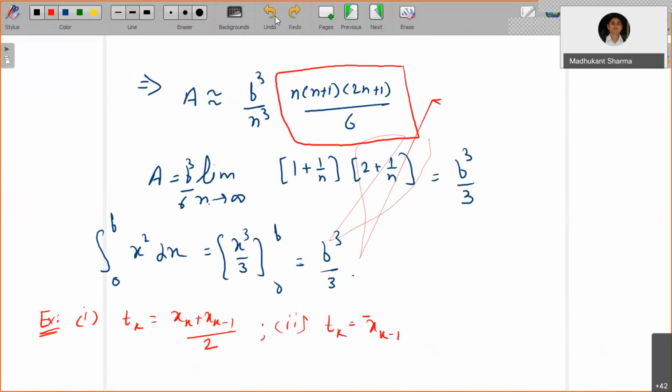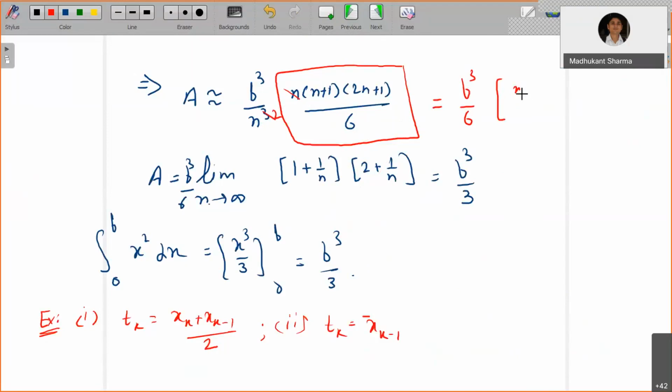I'm just writing. This is equal to b cube by 6 times. Can I write this? This is going to be n, and this is going to be 1, n square is going to be cancelled. Okay. Now this n plus 1 by n. So I take 1 n with n plus 1, 1 n with 2n plus 1.